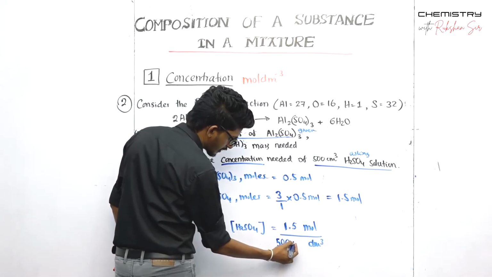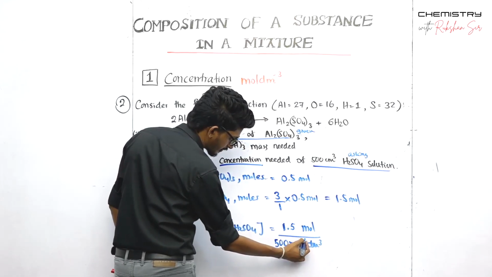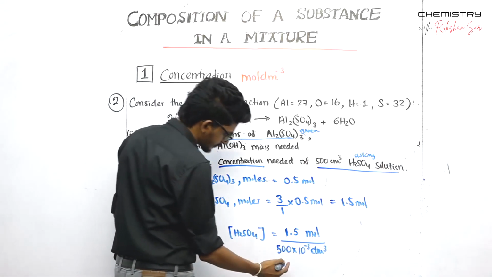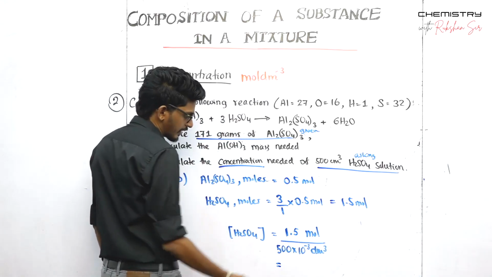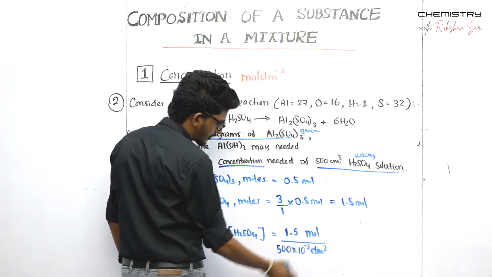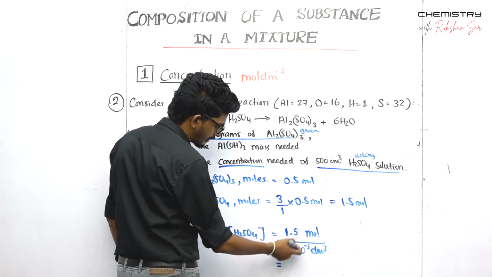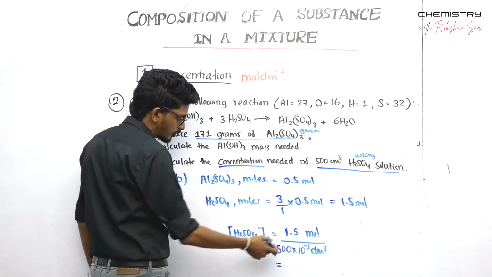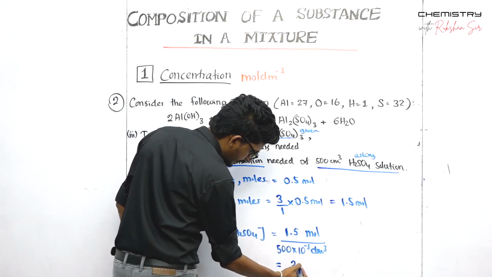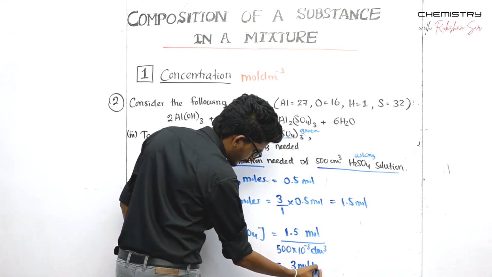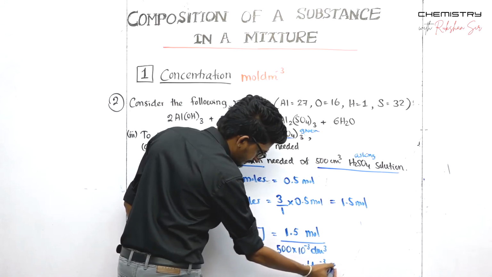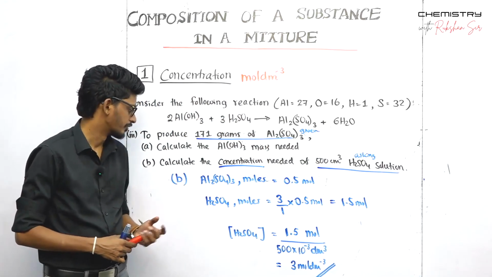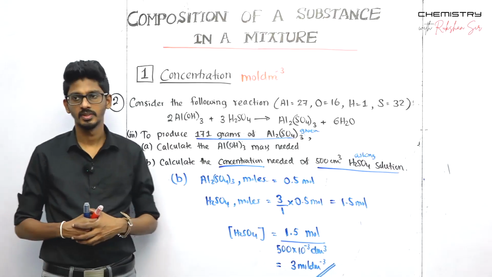So in decimeter cubes, 500 into 10 to the power minus 3. This 10 to the power minus 3 comes to the top as 1000. So 1000 will be divided by 500 to give 2. So 2 into 1.5 is 3. This is how we are supposed to solve part B of the Roman number 3.